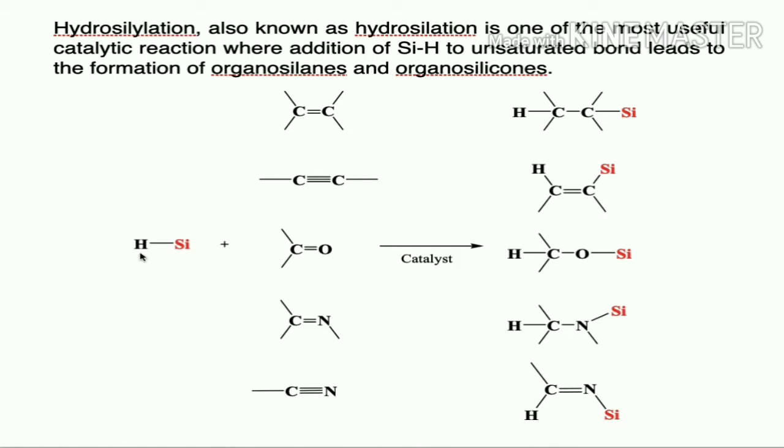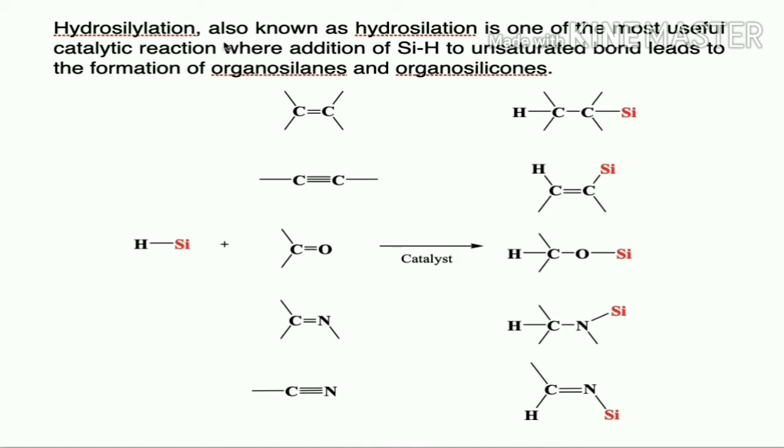Here the silicon-hydrogen bond will add to unsaturated bonds like alkene, alkyne, carbonyl, imine and nitrile in the presence of a catalyst. The catalyst may be platinum; platinum is the widely used catalyst. So it is going to form the anti-Markovnikov product, means silicon is going to add to the less substituted carbon. In the case of alkenes, it forms the anti-Markovnikov product.